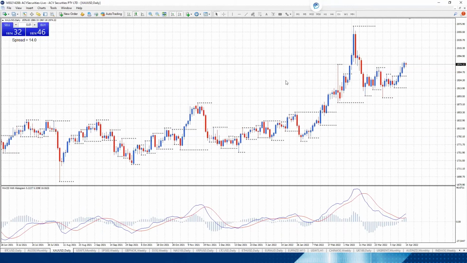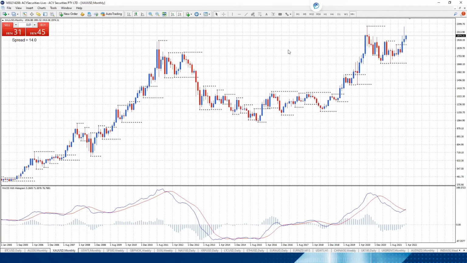An analysis you might do is to go to a monthly chart on gold. I can see this is the 2011 highest point it ever got to, so I'll put that line in.